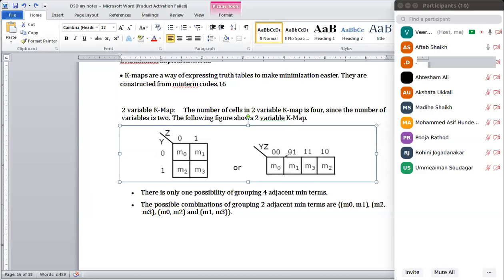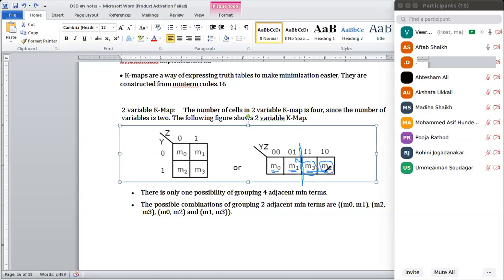Adjacent minterms. Okay, so the two groups that are two adjacent minterms are either M0, M1, M2, M3, or M0, M2, M1, and M3. Adjacent means, see, when I fold this table in the middle, then M3 will be laid upon M1, correct?